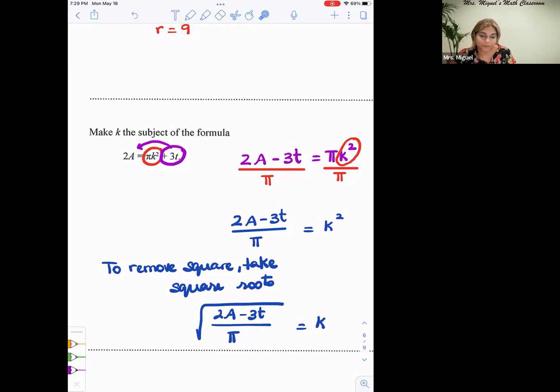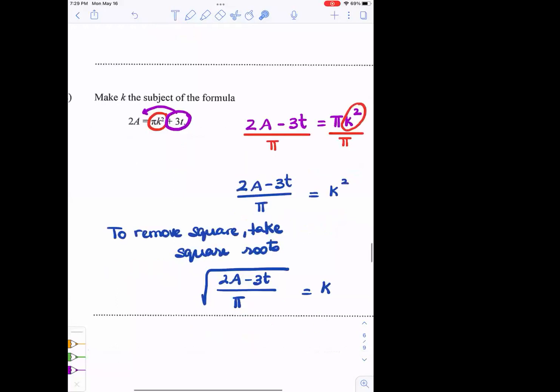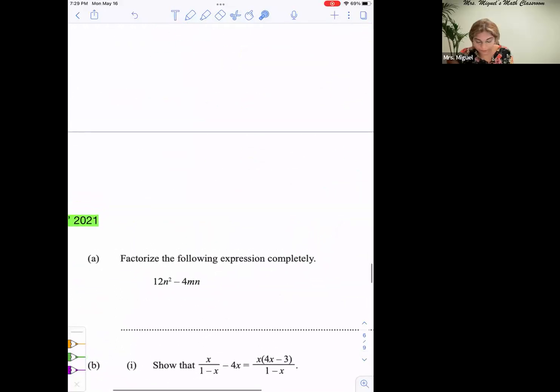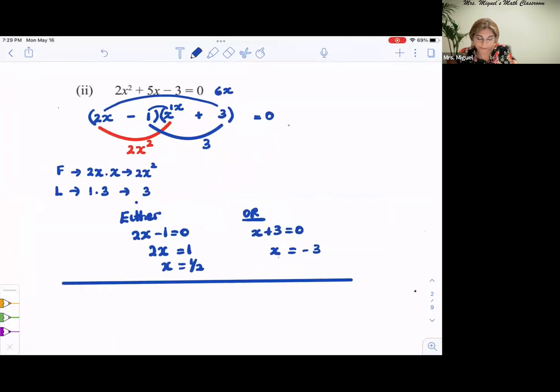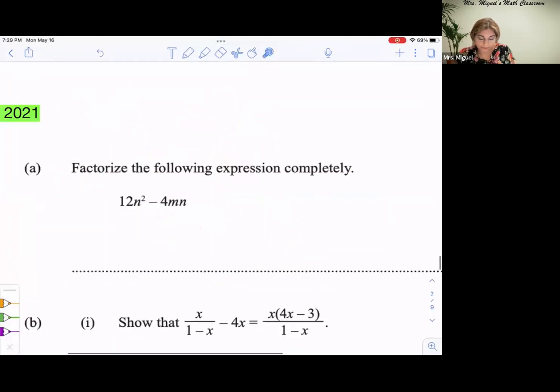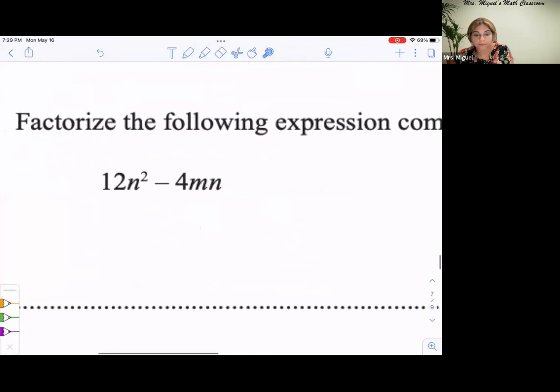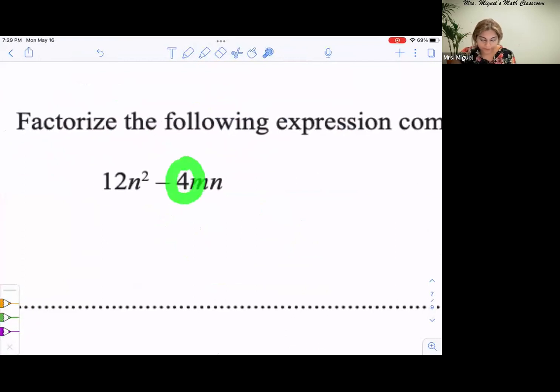Are we finished? Yeah, miss. All right, let's do this one. You're doing for me part A. Factorize that. Notice 4 is a factor of 4 and 4 is a factor of 12. So write each term as the product of factors.